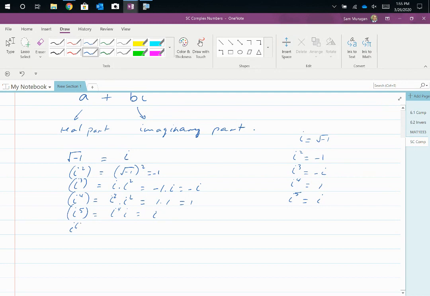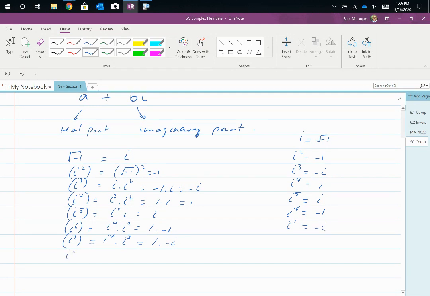So i to the 6th power is i to the 4th power times i squared, which is 1 times -1, or -1. i to the 7th power is i to the 4th power times i cubed, which is 1 times -i, which is -i.